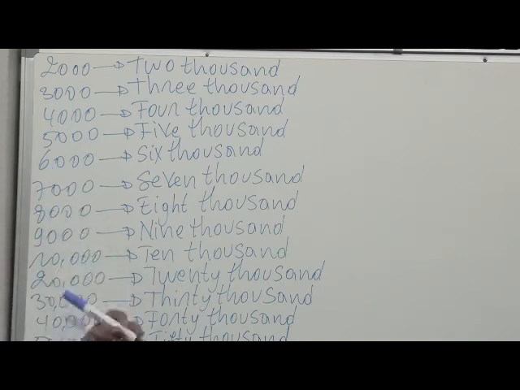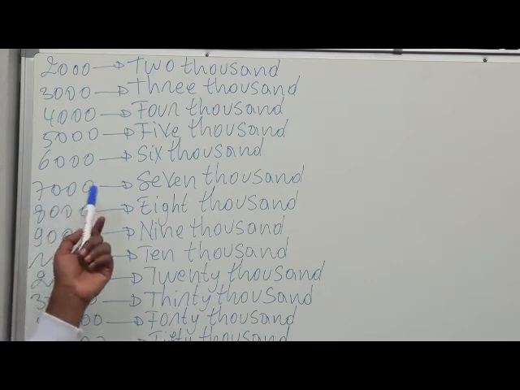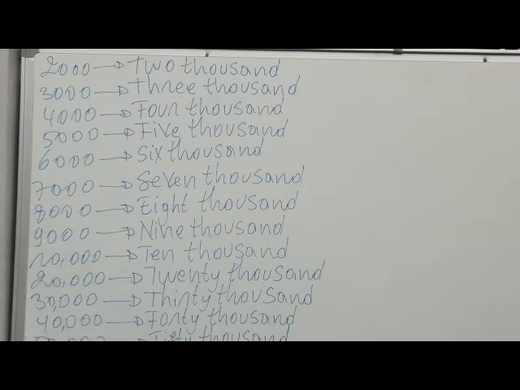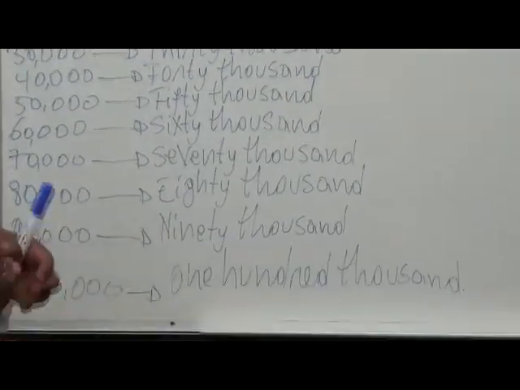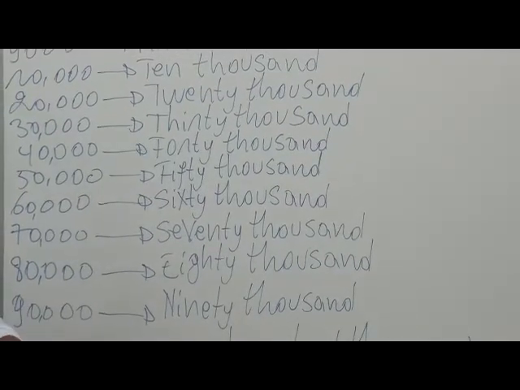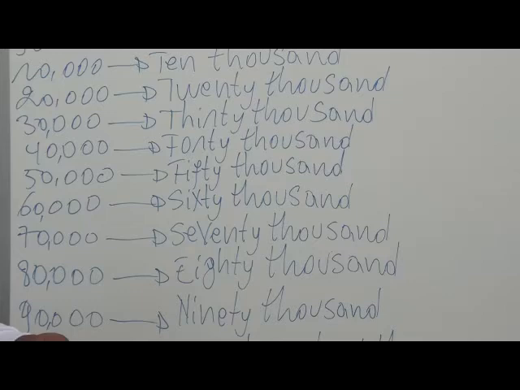6,000. After 6, we have 7,000, 8,000, 9,000, 10. Here we have two numbers before the comma and the 3 zeros after the comma. When we have two numbers before the comma and 3 zeros after the comma, we read the first 2 numbers.